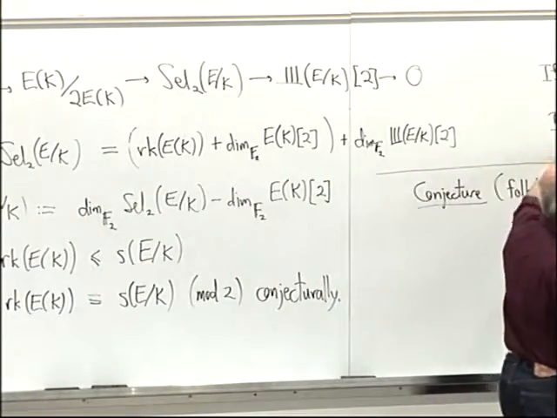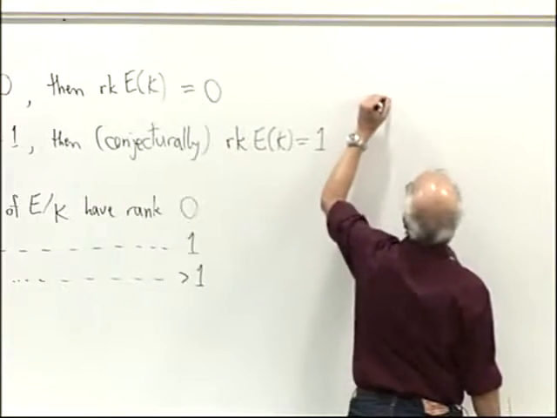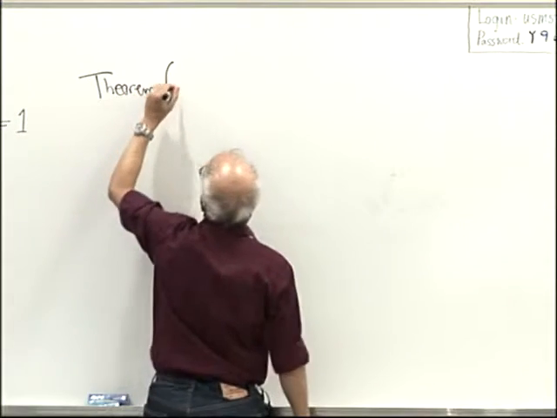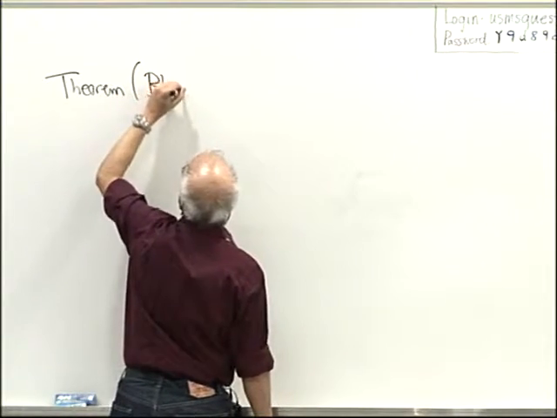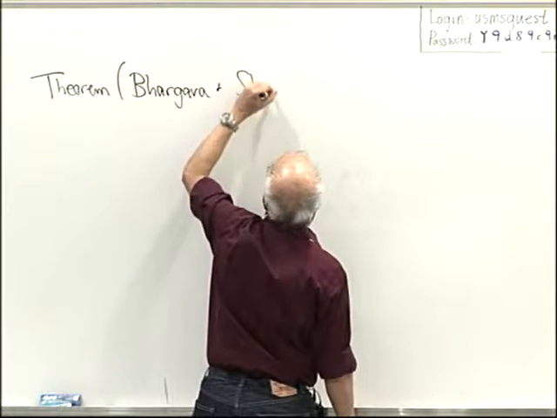The Selmer rank is different, as we'll see in a minute, but let me state a few theorems. So the first one is a recent theorem of Bhargava and Shankar.